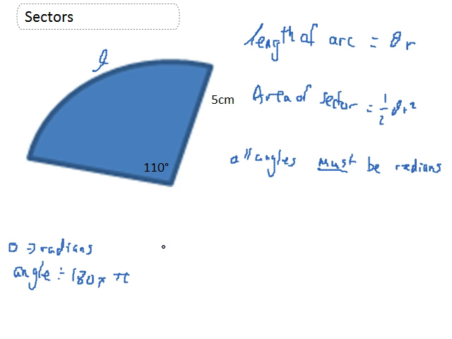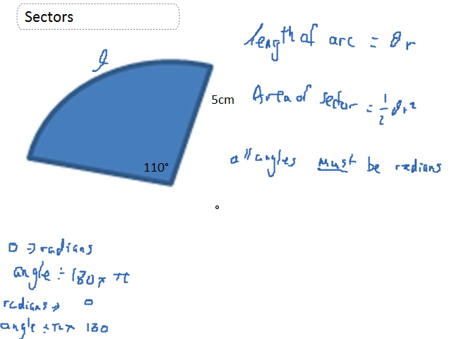And to convert from radians to degrees, I'm going to take the angle in radians, divide it by pi, and times it by 180.